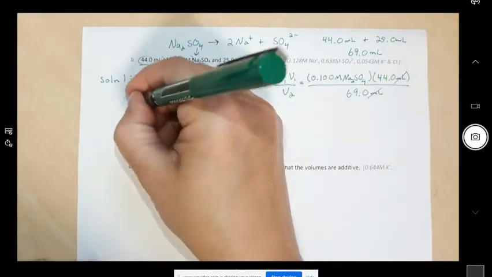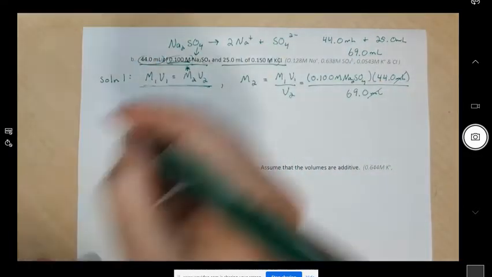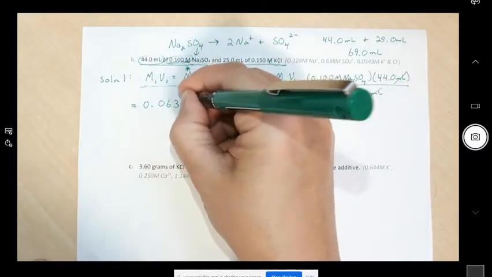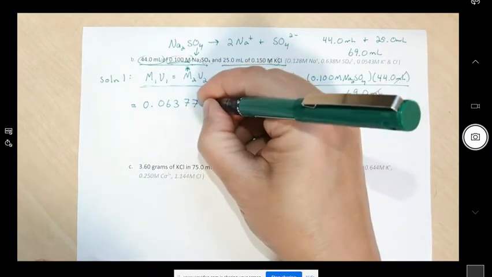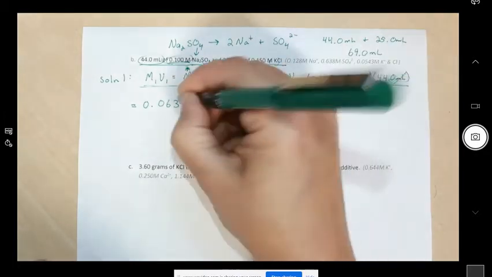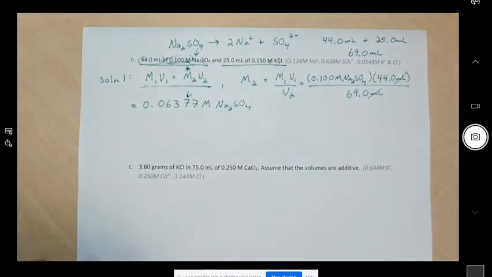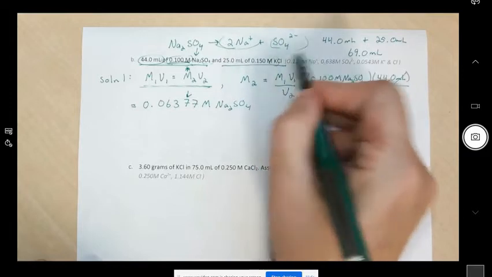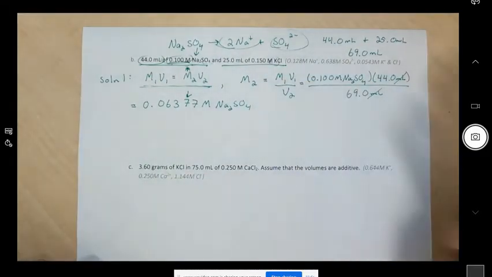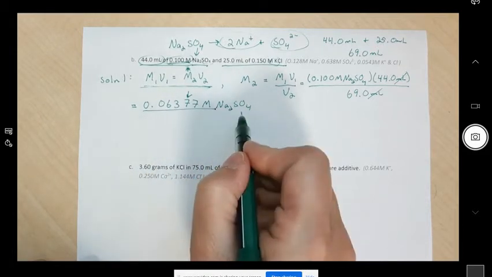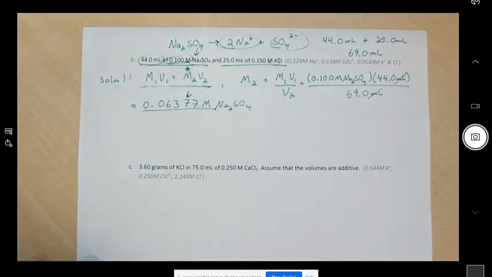Now, when I solve this, this is going to give me a new molarity of 0.06377, and that's my molarity of Na2SO4. There's my final sig fig, by the way. However, since this breaks down, like I said up here, into 2 parts sodium and 1 part sulfate, my concentration here is going to be the same as my sulfate, but I have to double it for my sodium.